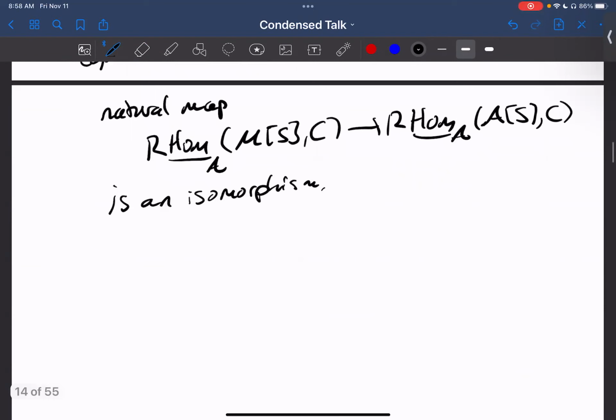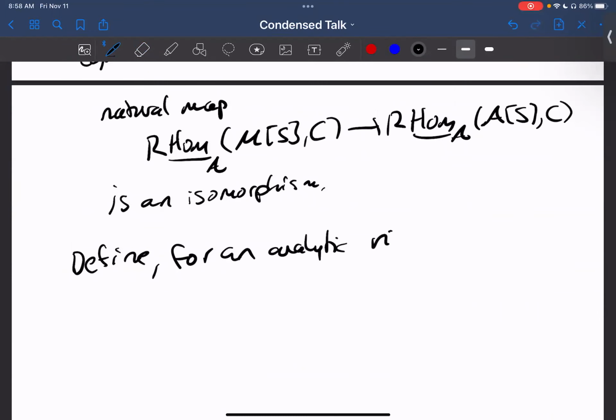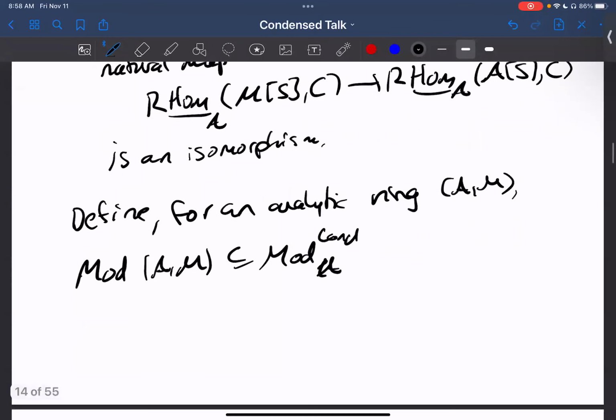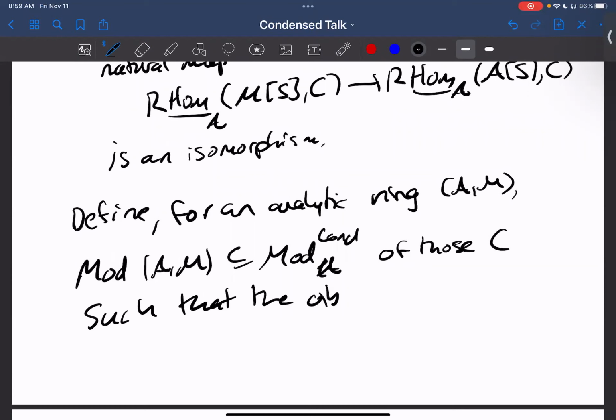So next we define, for an analytic ring A M, mod A M as the full subcategory of mod A modules, such that the above map is an isomorphism.